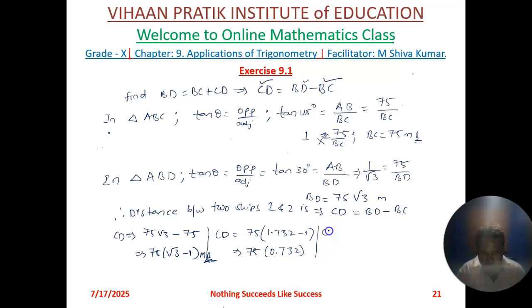Now CD equals 54.9 meters is the answer. Okay students, so the value of CD, which is the distance between two ships, is 54.9 meters precisely, or CD is approximately equal to 55 meters.